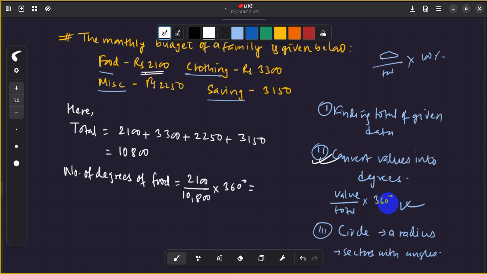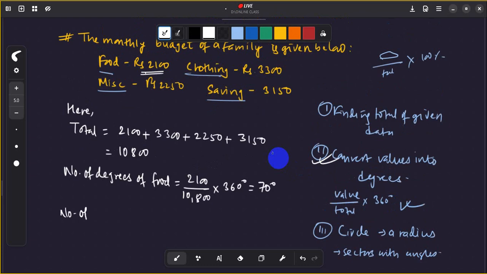How much will it be? 2100 times 360 divided by 10,800 will be 70 degrees, right? Calculate it yourself also, so that there will not be any mistakes and you will understand it clearly.